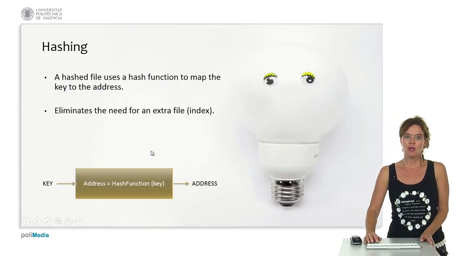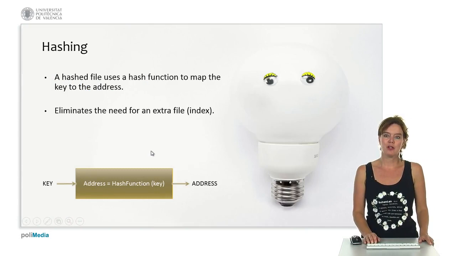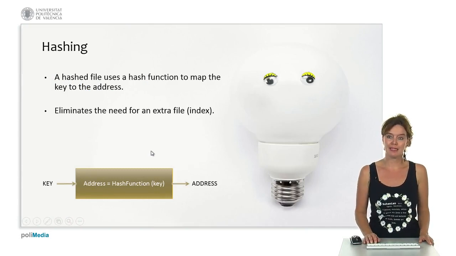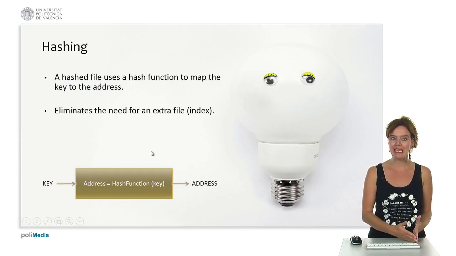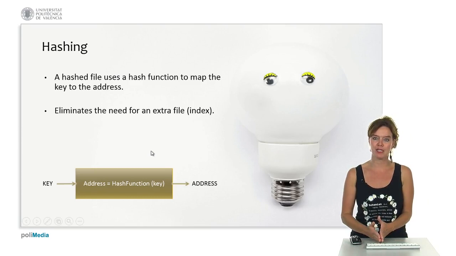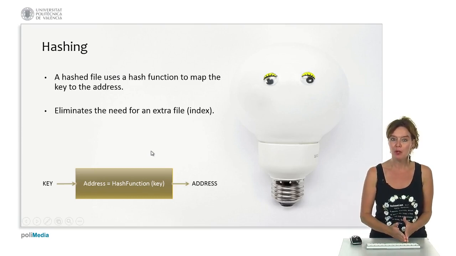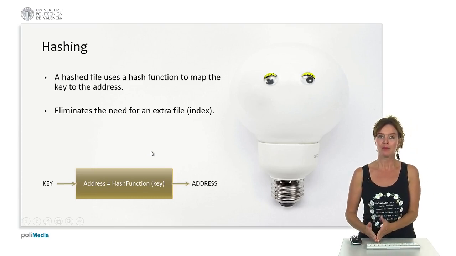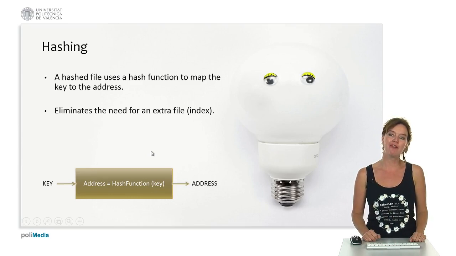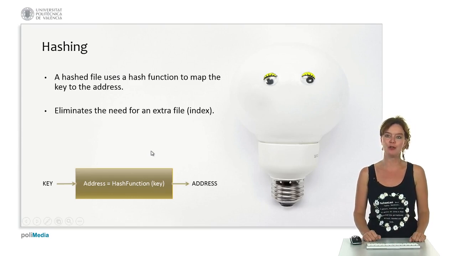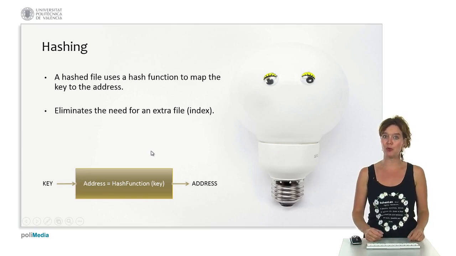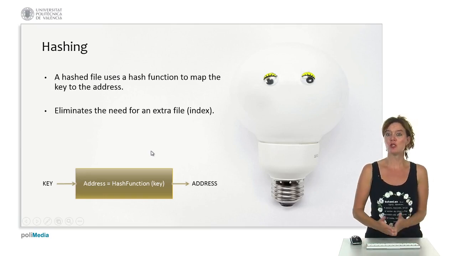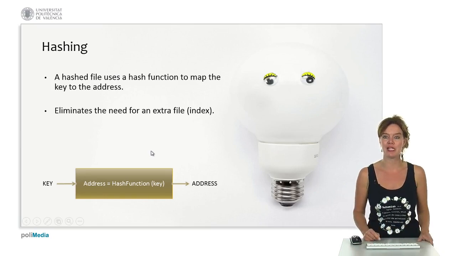If we don't want an extra file like an index file, we can also use a function that directly gets a key and maps it to the address. So we don't have to look it up, we can calculate it. If we do that, we have files that are using a technique called hashing. The function that we use to map the key to a specific address is called a hash function.